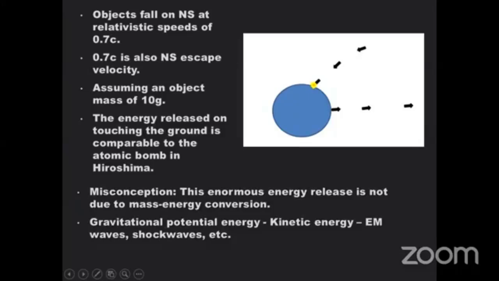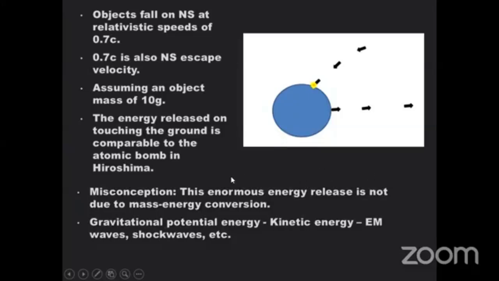By the time this object falls to the surface of a neutron star, the impact energy it will generate is equivalent to the atomic bomb dropped in Hiroshima in Japan during the Second World War. So it is enormous. Just 10 grams could generate such an amount of energy on the neutron star. It's because of the gravity.